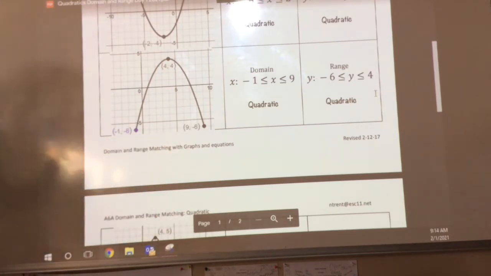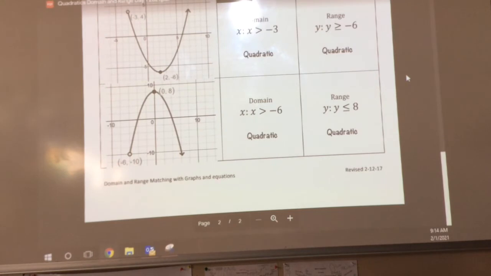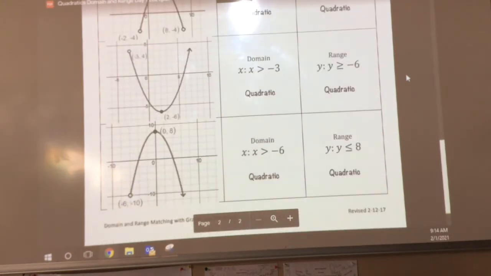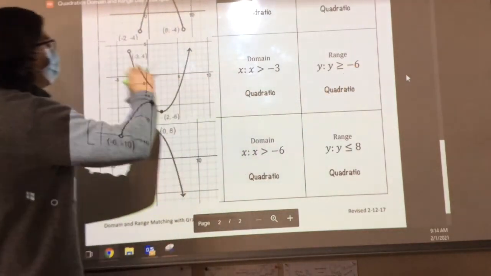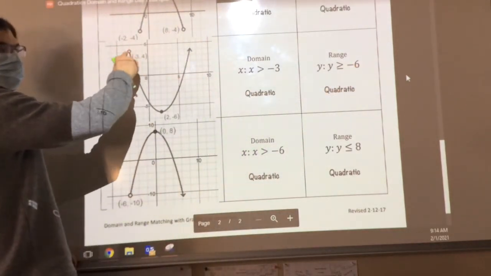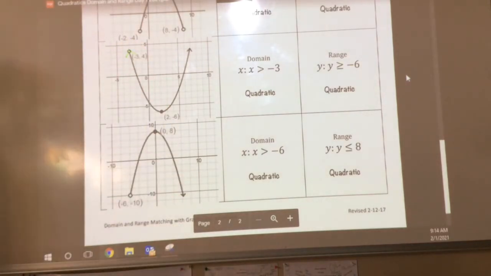All right, I'm going to scroll down because I want to show you what it looks like now if we don't include the bulleted points. So we're going to ignore the actual answer choices over here, okay? So don't look at this piece right here. And we're going to change this open circle to become an arrow. Does everybody follow what I'm saying so far?